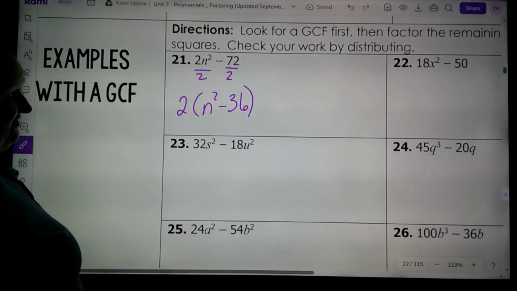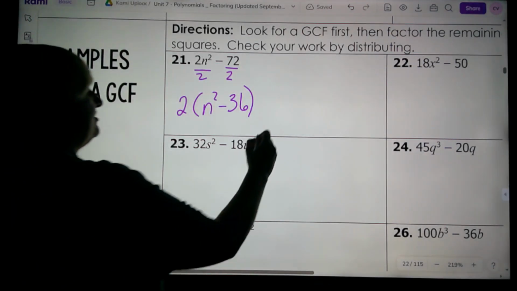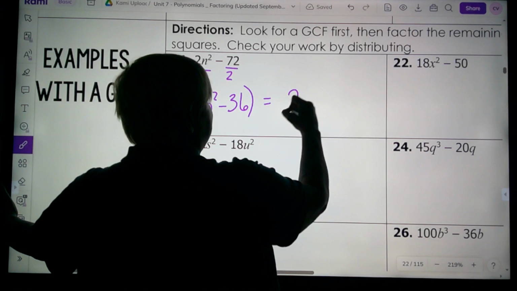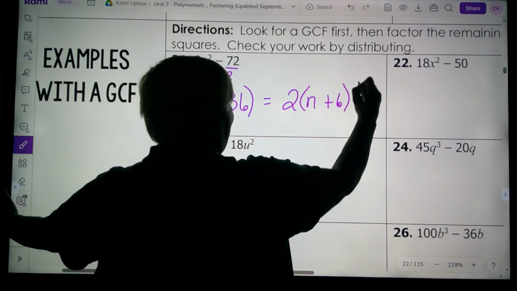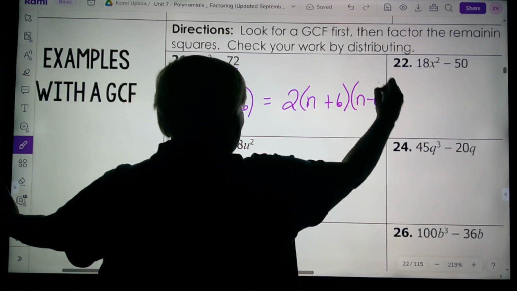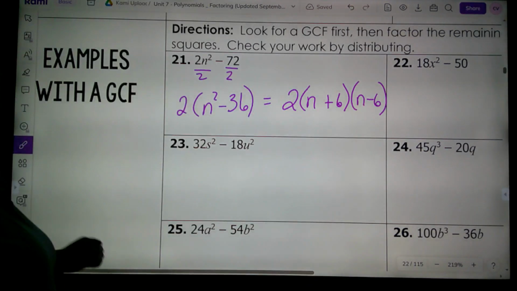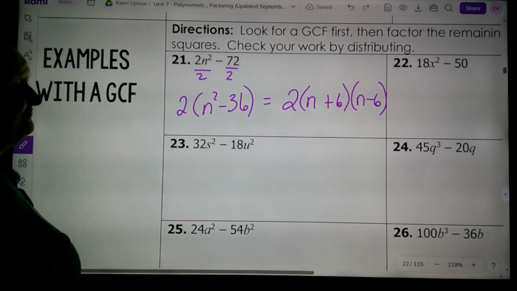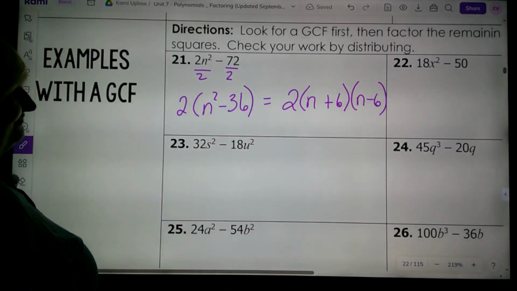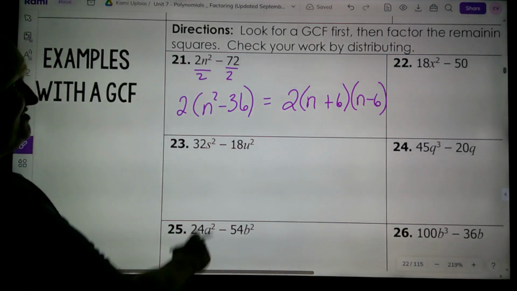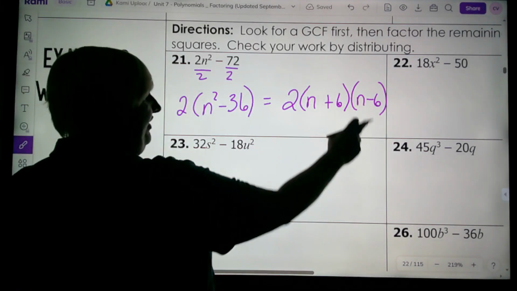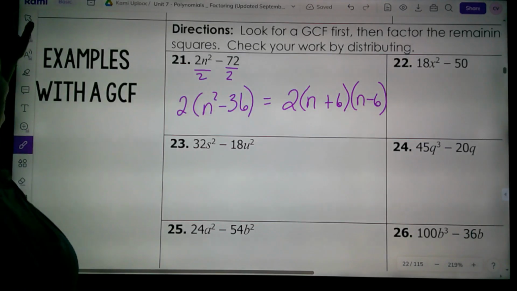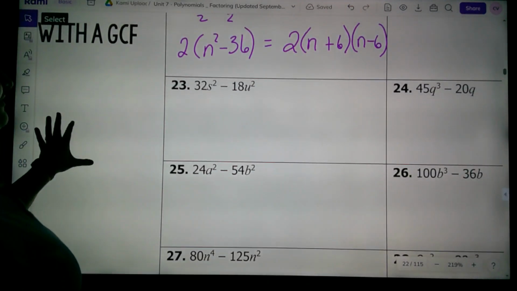Yes. So then it becomes 2 times n plus 6 and n minus 6. Right? Yep. Alright, so first I factored out the 2, and then I found the difference of squares. Oh, they're making us do both.